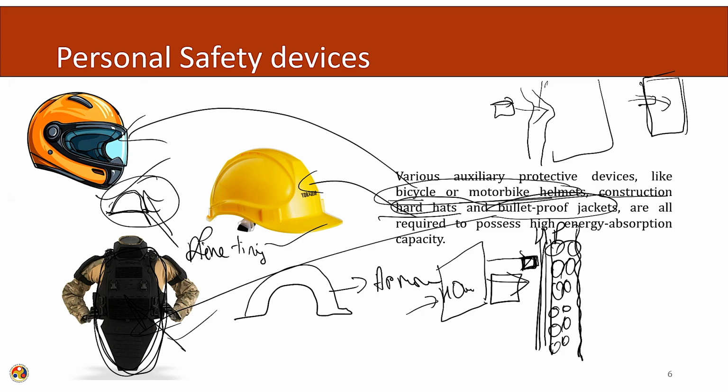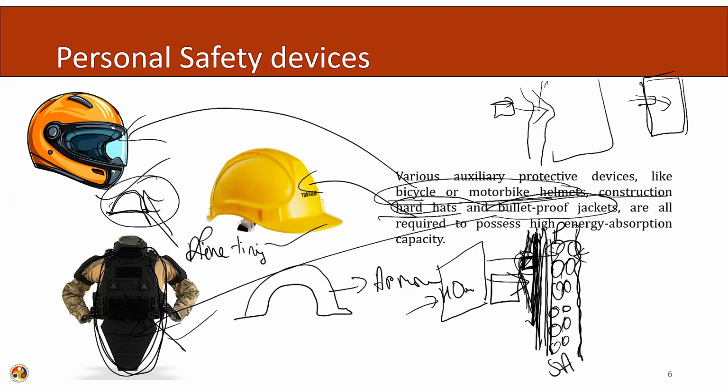So, what is being done is that a hard plating is applied. What does a hard plating do? A hard plating will try to distribute this impact energy over a large surface area. If it is dissipated over a large surface area, the amount of energy per unit area that it has to mitigate becomes less. So, the total effect of what the body sees becomes less. After that comes the soft part, the soft armor parts.